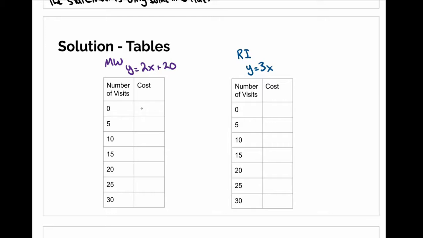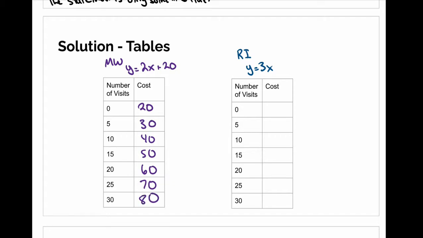So we know that it is $20 to start, and then as we increase the number of visits or rides, it's 5, and then we multiply that by 2, so it's increasing by 10: 30, 40, 50, 60, 70, 80.